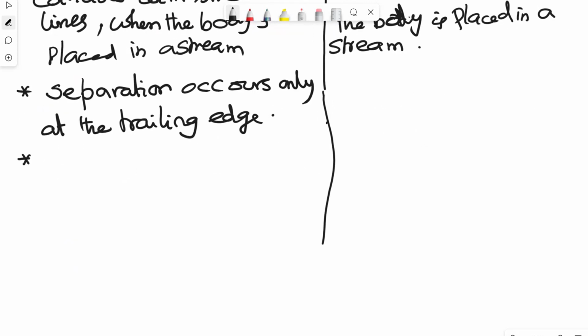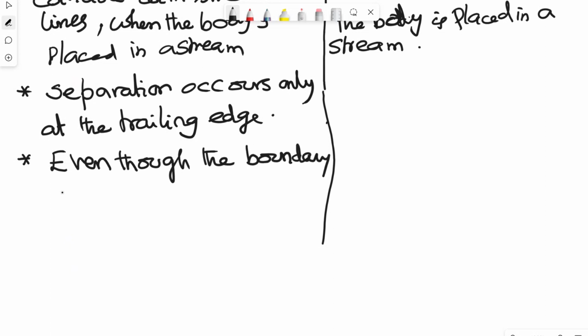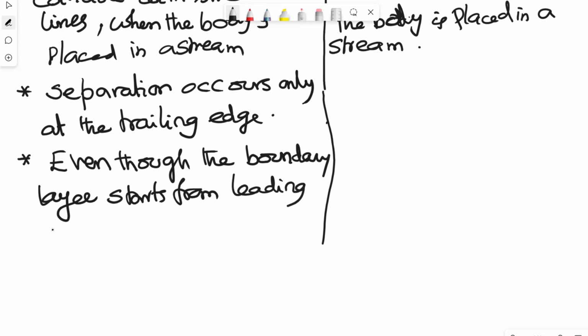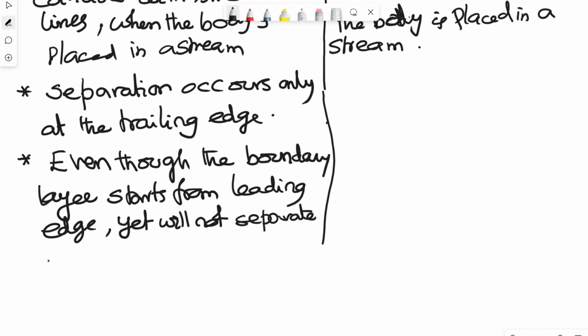And next, even though the boundary layer starts from the leading edge, it will not separate till the trailing edge.